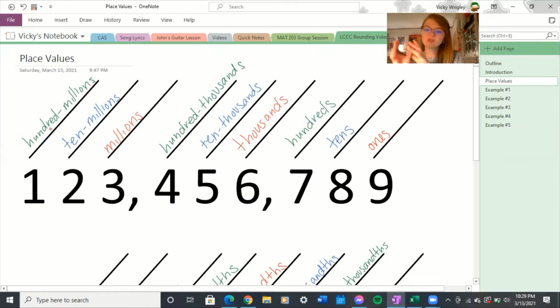So you can see that they are labeled in groups of 3, where we go from ones, tens, hundreds, ones, tens, hundreds, ones, tens, hundreds, and so on. The only thing that changes is the unit between each group of 3. And a good way to remember it is that each group of 3 is separated by a comma. So a comma separates each unit that you say.